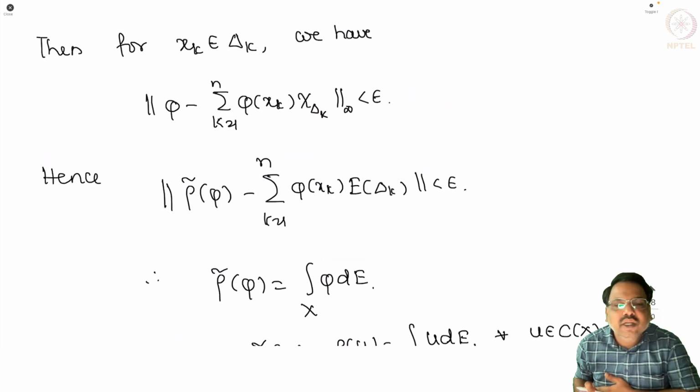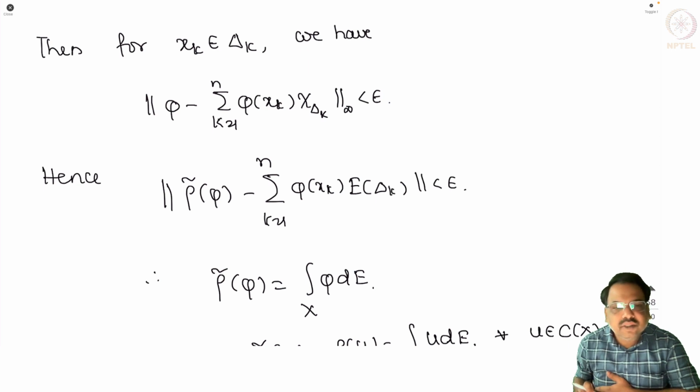Now if you look at the norm of rho tilde phi minus the summation k equal to 1 to n of phi of xk rho of chi delta k, that is E of delta k, that is less than or equal to the norm of rho tilde into the norm of phi minus the summation k equal to 1 to n of phi of xk into chi of delta k. We know that rho tilde is a contraction, so that is less than or equal to 1.